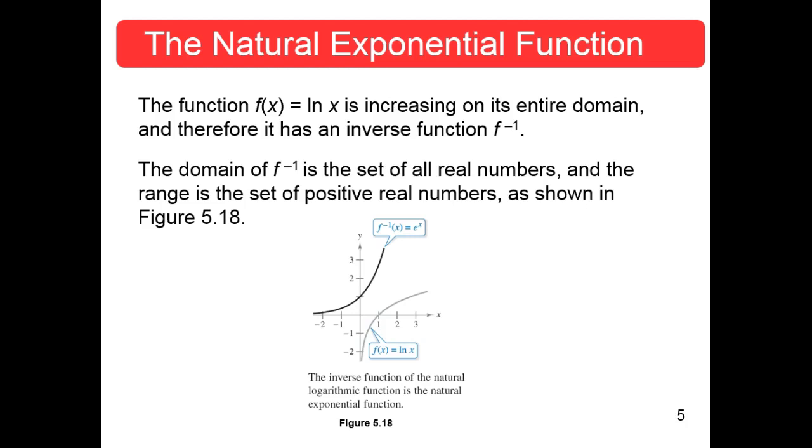But the range of your inverse function is only greater than 0 because your domain of log is only greater than 0. So the domain of f inverse is the set of all real numbers. The range is the set of all positive real numbers because that's the domain of your inverse function. It's shown here. And these are strictly increasing, both of them.